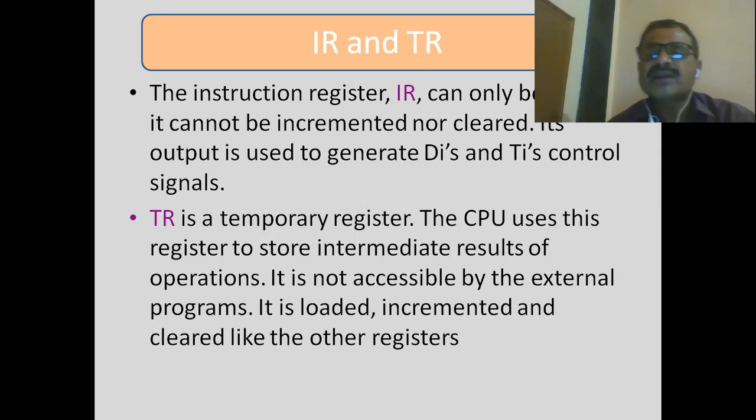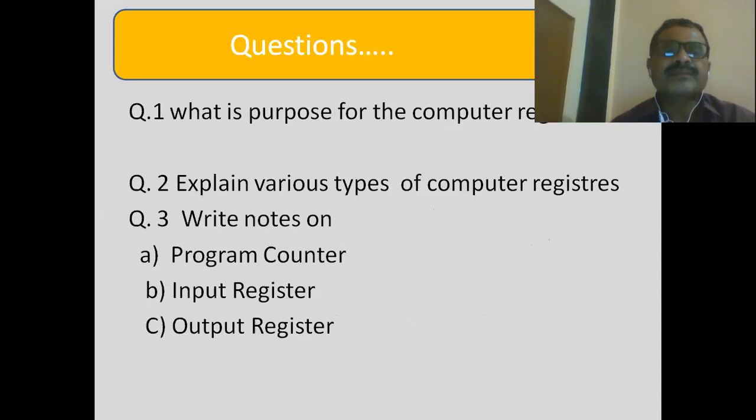Dear students, many times in computer programming, when calculating some results, there is a production of intermediate results as a result of various operations. And the CPU uses this temporary register to store the intermediate results. It is not accessible by any external programs, but it is loaded, incremented, and cleared like other registers.